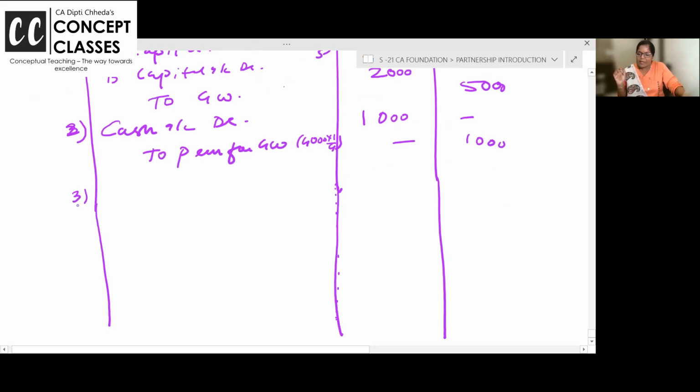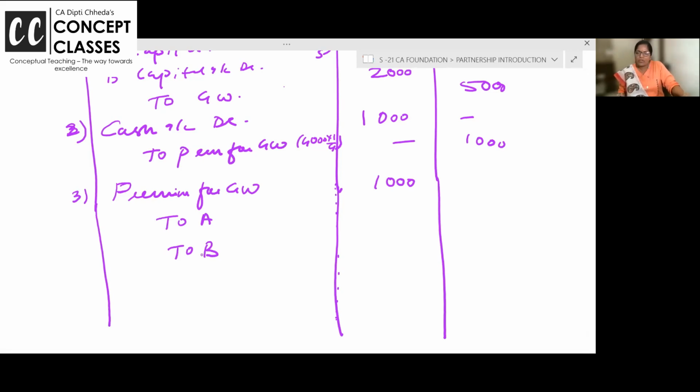He is bringing 1,000 goodwill in cash. Premium for goodwill debit 1,000. We should give it to A and B in sacrificing ratio.